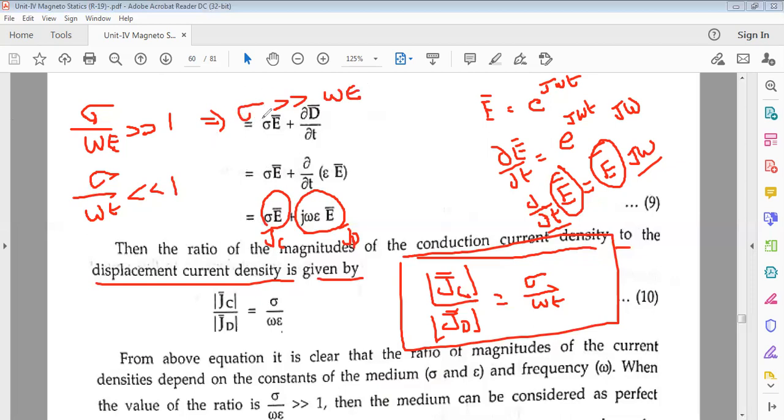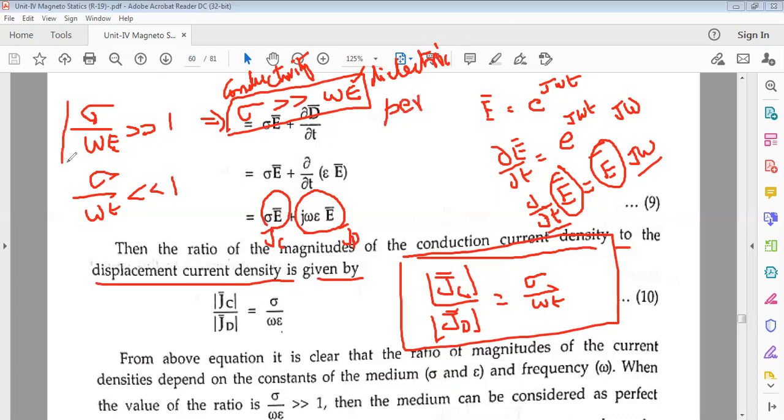Means compared to the dielectric, the conductivity is more, and the dielectric is very, very small compared to the conductivity. So it is a perfect conductor. σ by ωε greater than 1 means a perfect conductor.